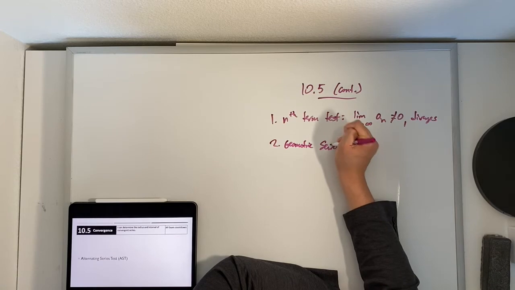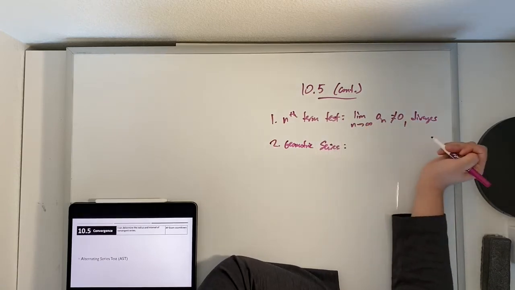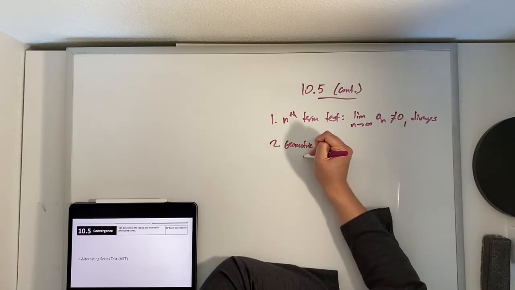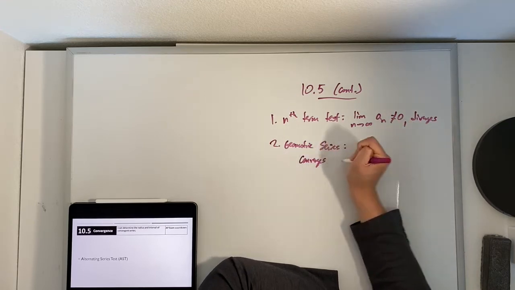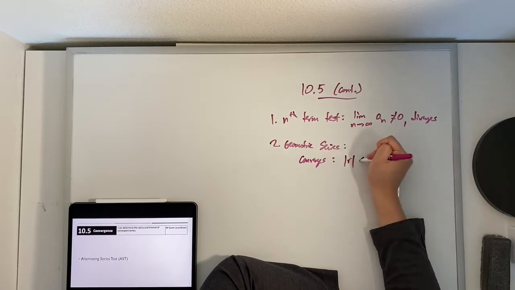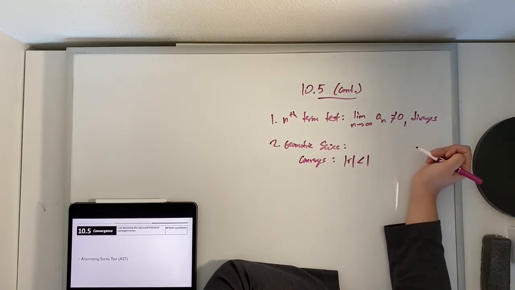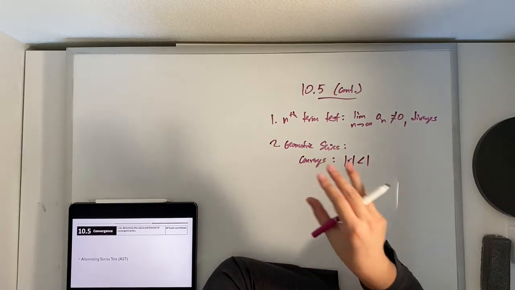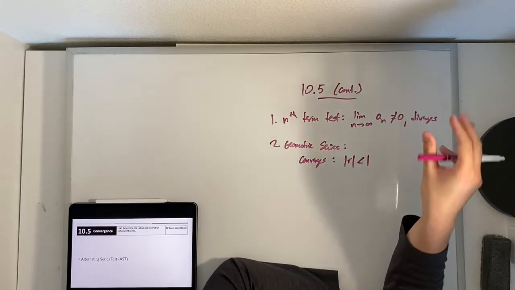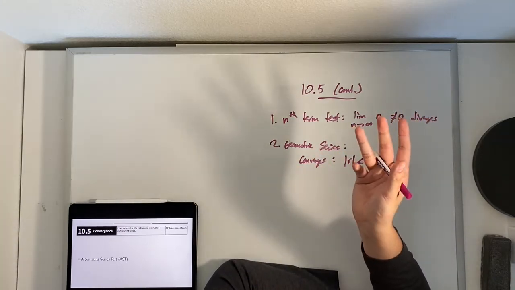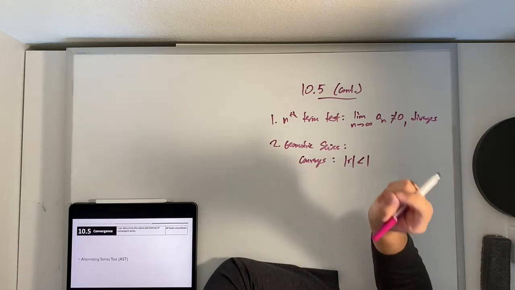Now there is a clarification I want to make from yesterday. I did leave out something very important. That a geometric series converges if and only if the absolute value of the common ratio is less than 1. So it's the same kind of idea that each term ends up getting successively smaller and smaller, and so we will eventually, as we approach infinity, start adding an infinitely small value.